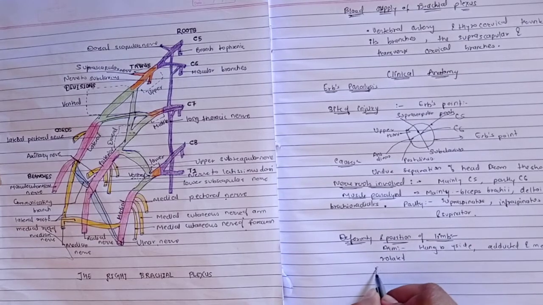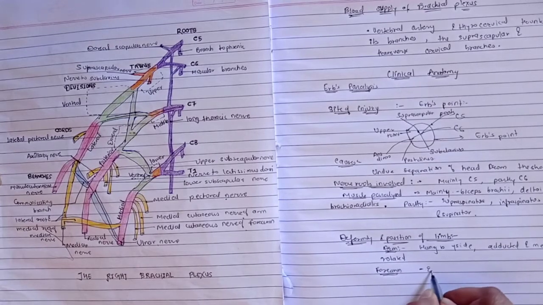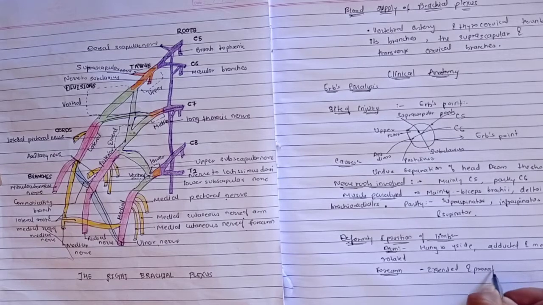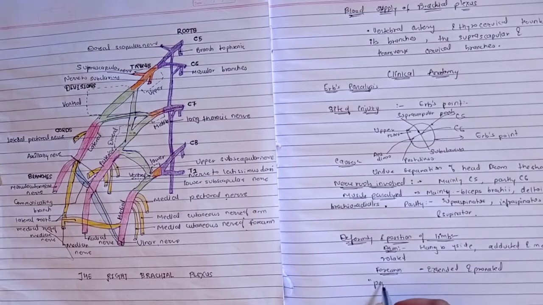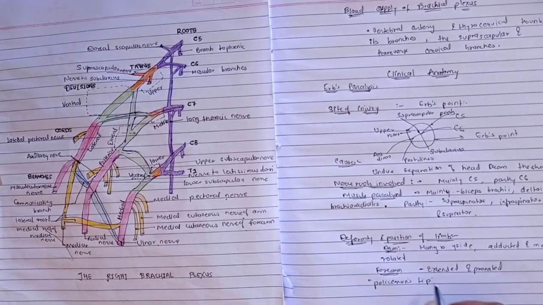The forearm is extended and pronated. The deformity is also known as policeman's stiff hand, or waiter's stiff hand, or porter's stiff hand.